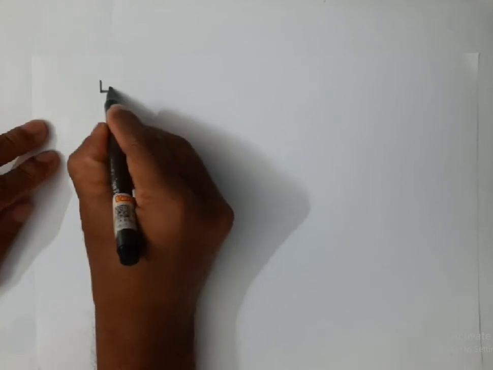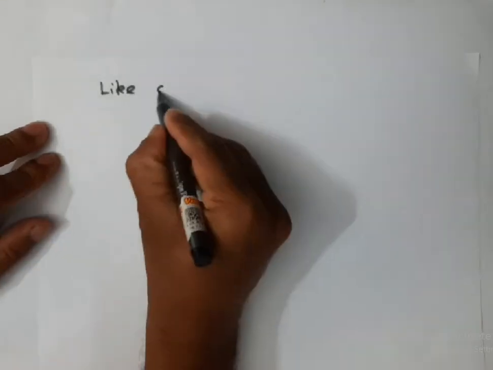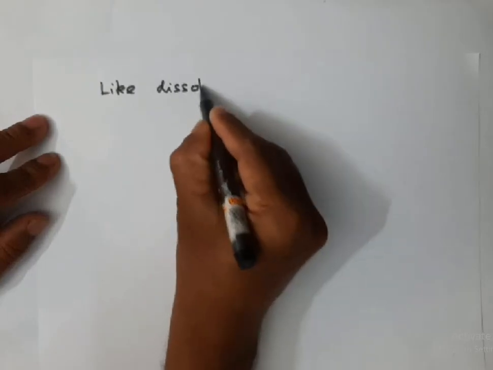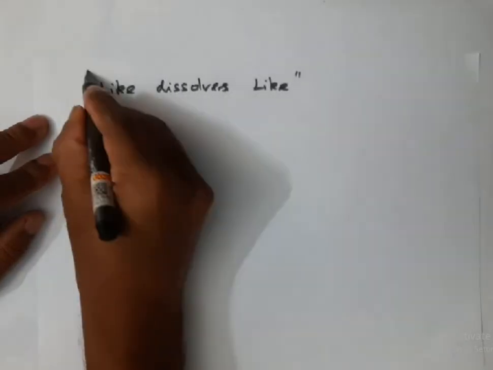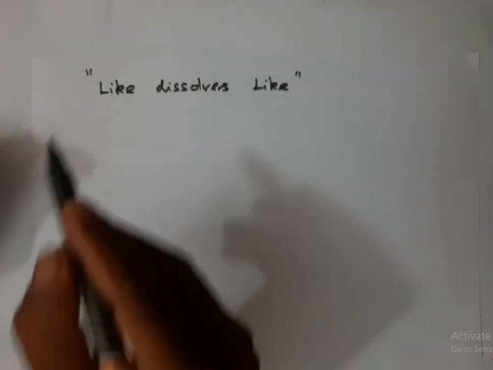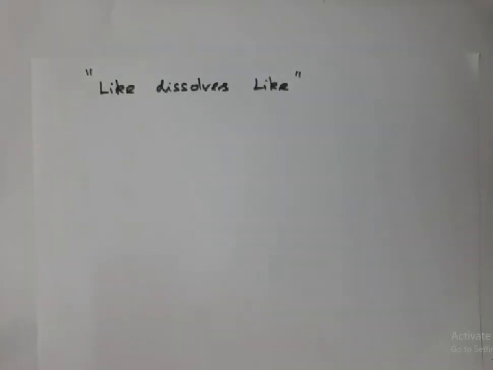There is a basic rule called like dissolves like. What is meant by that?